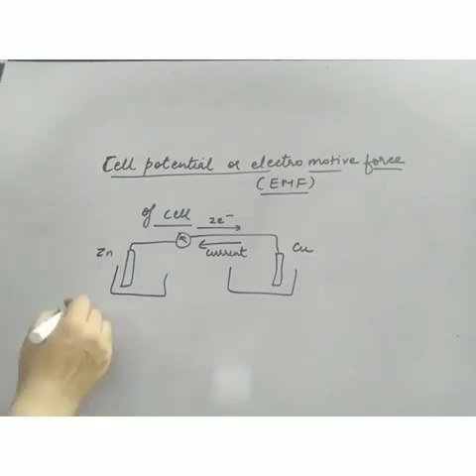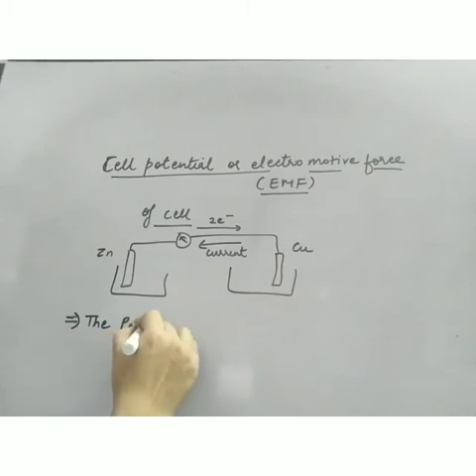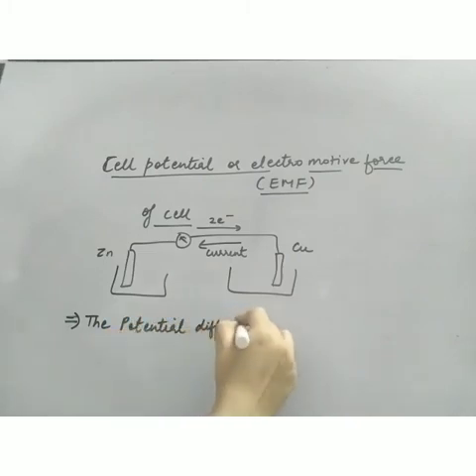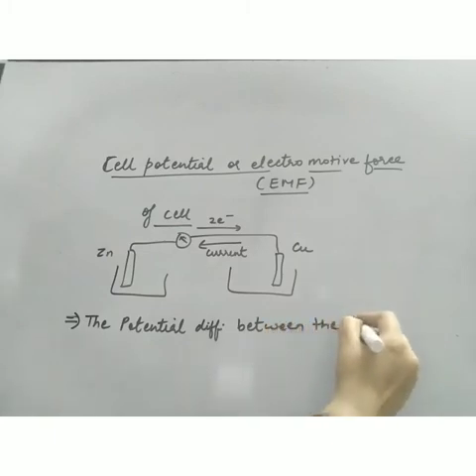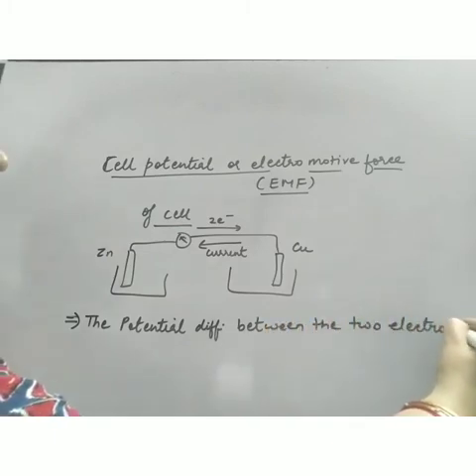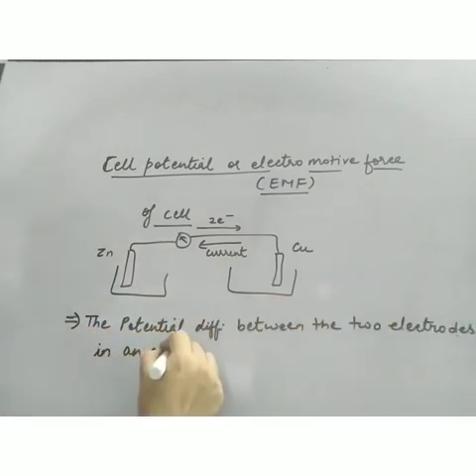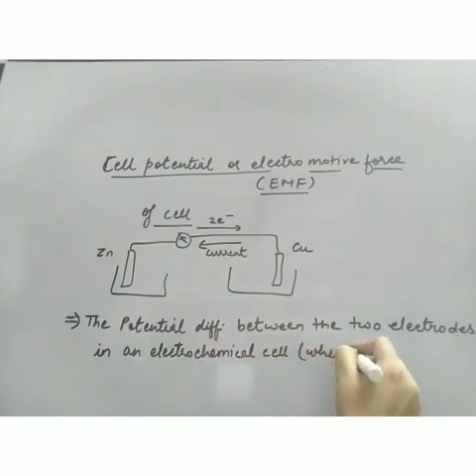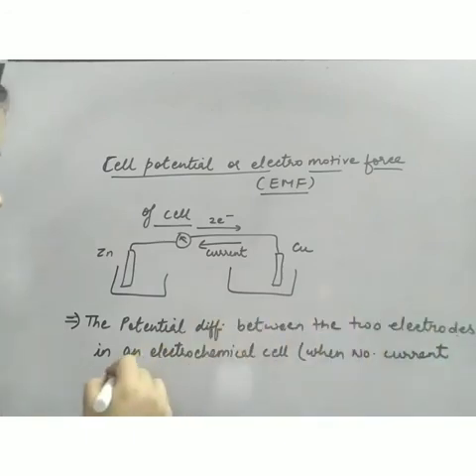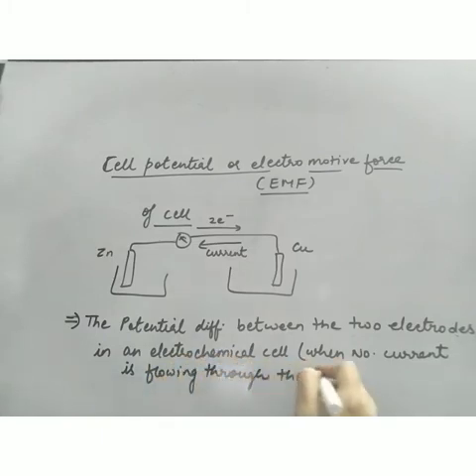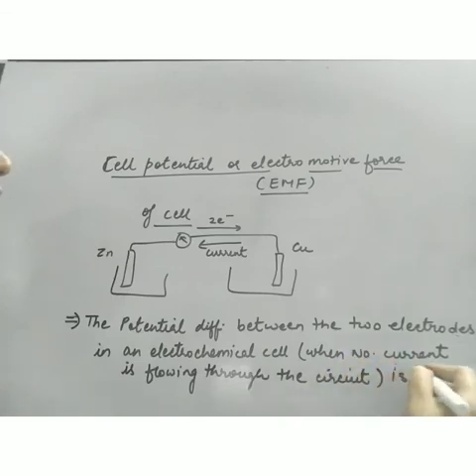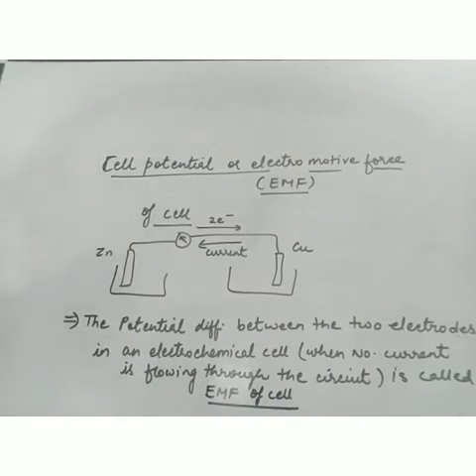So how can we define it? The potential difference between the two electrodes in an electrochemical cell when no current flows through the circuit is called EMF of the cell.